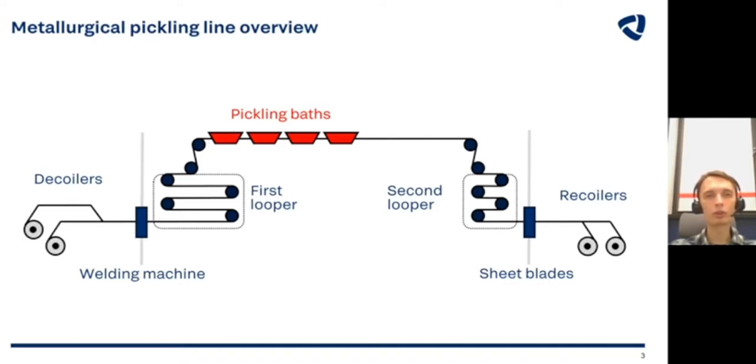But you won't push the metal with maximum speed because of the productivity of this line. So before us, the speed was put manually by the operator, and we want to improve it with machine learning or something like that.